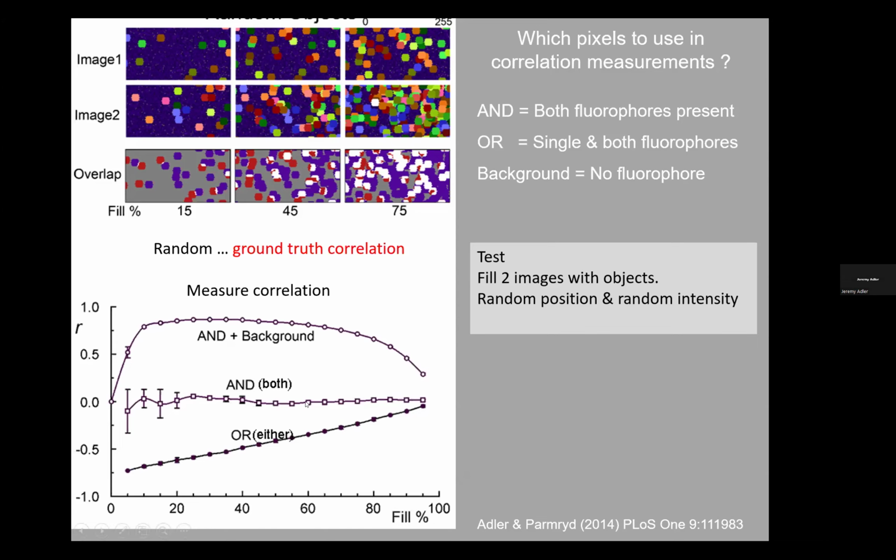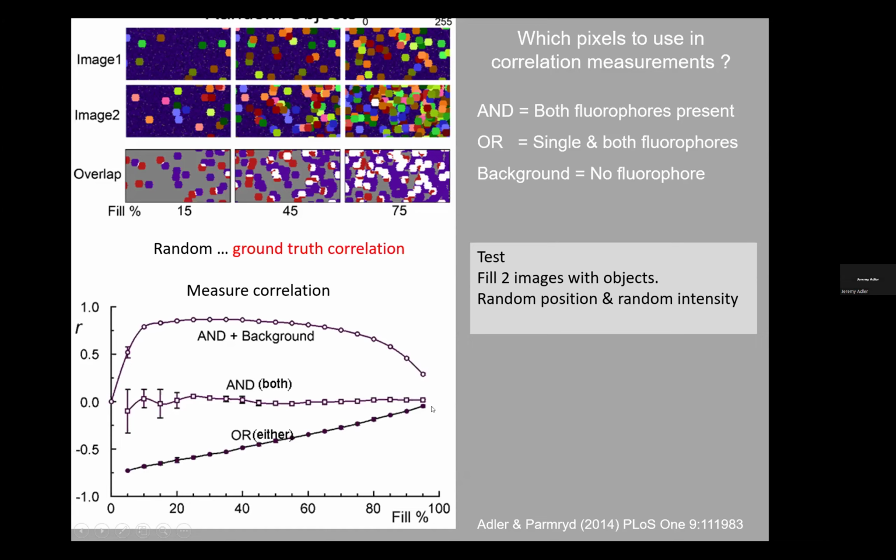And here we can see one set only does. The AND pixels, the pixels where one fluorophore and the other one is present. They produce the ground truth result. Anything else we do, if we use the AND pixels plus we also include pixels where neither fluorophore is present, we get this weird relationship. If we use pixels where one or the other or both are present, we get this.